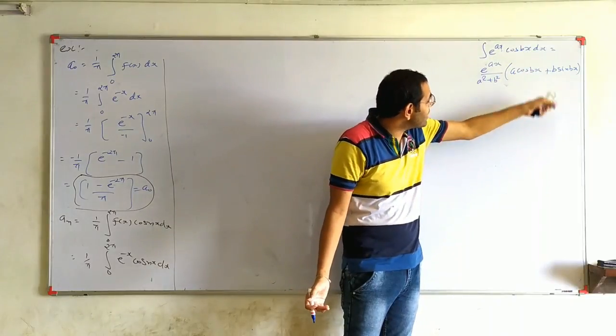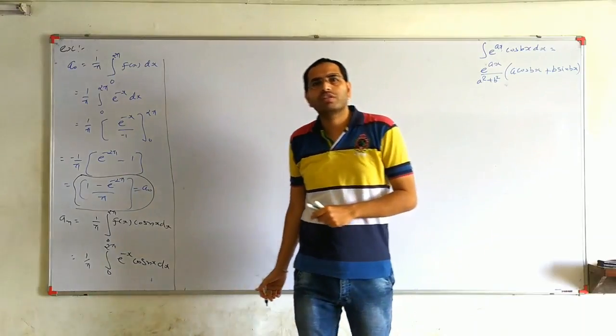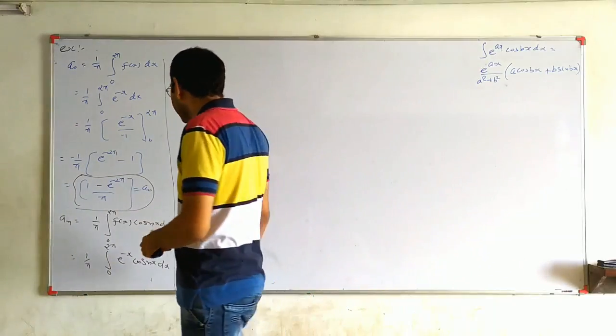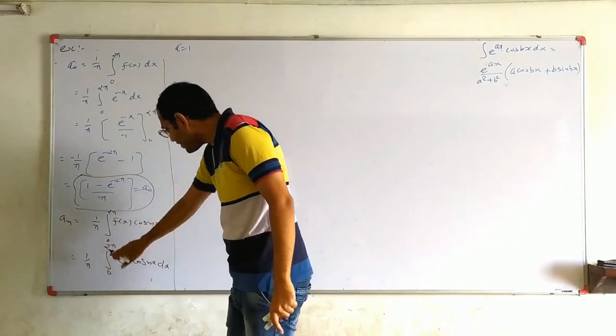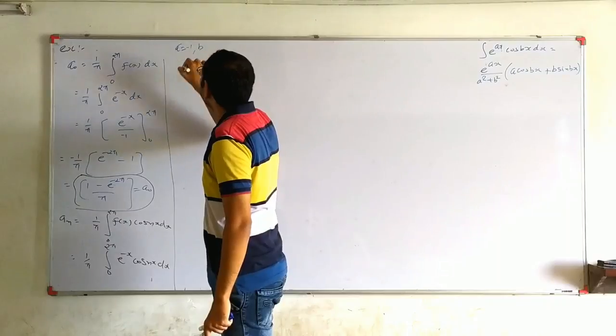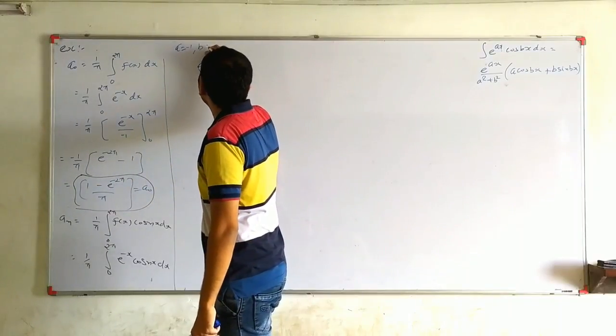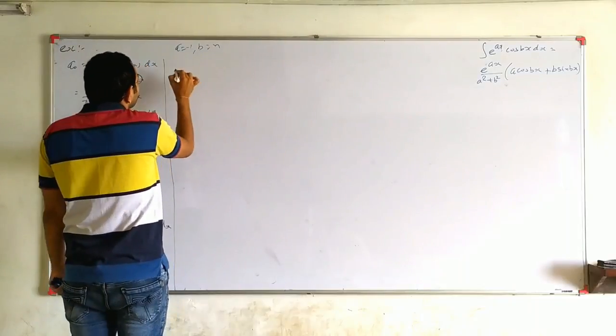We must use this formula for solving exponential function type examples. Here the value of a equal to minus 1 and b equal to n.